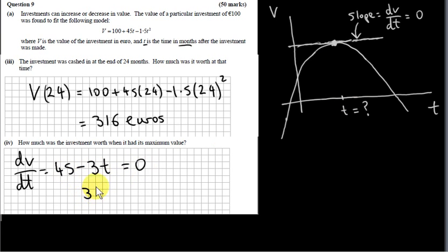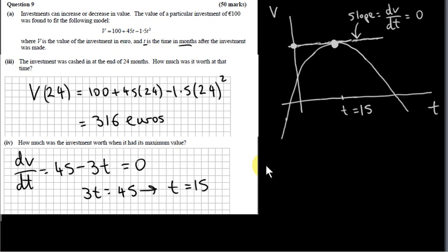From this we get 3t equals 45, so t equals 15. So, when the time is 15 months, V has reached its maximum value. The question is, what is this maximum value? What is this value here? Well, we want to find the V value of this point. This is a point on the graph of V, so the coordinates of this point must satisfy this function here.